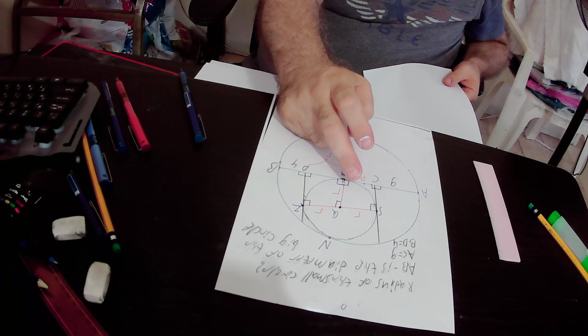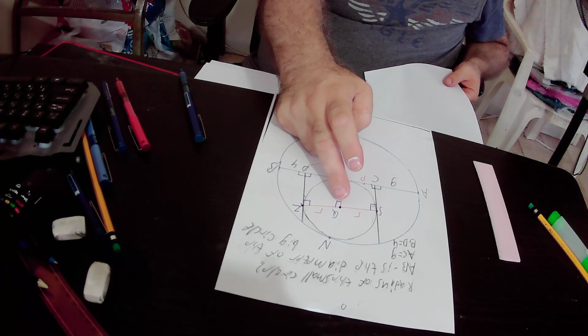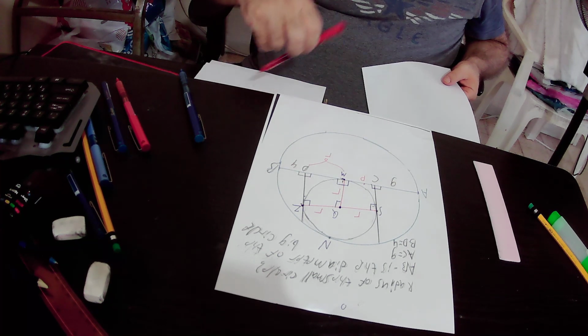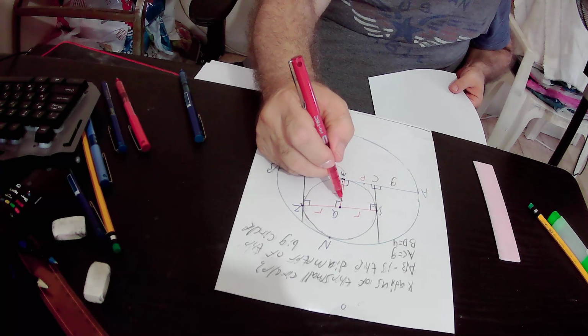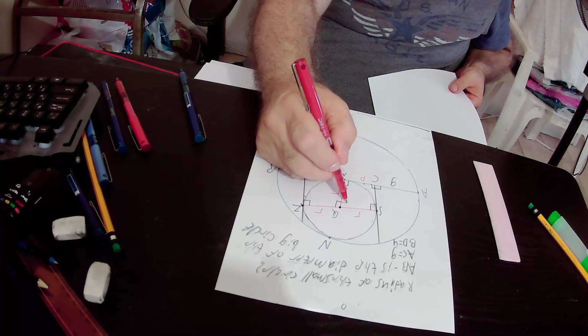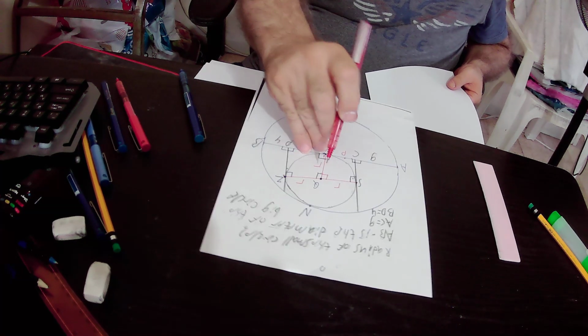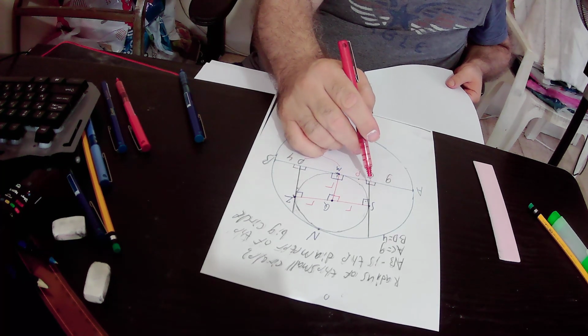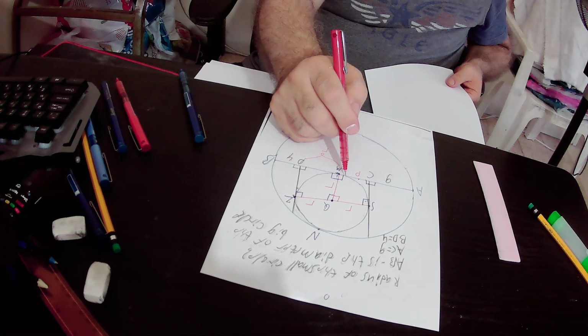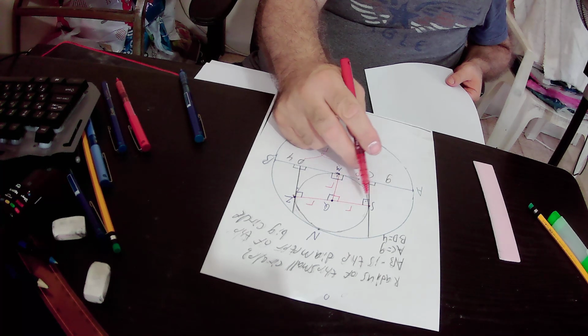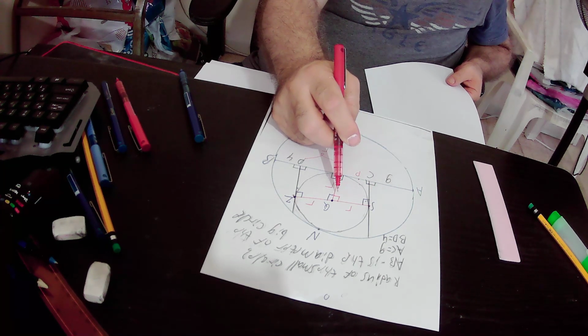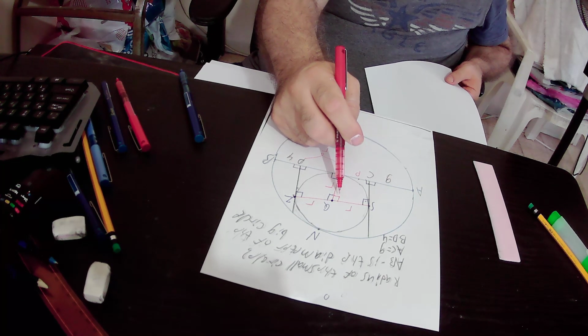Therefore, according to rule number 2, the fourth angle also must be equal to 90 degrees because of the fact that the sum of the angles in a quadrilateral equals 360 degrees. Okay, so if the sum of the other 3 angles is 270 degrees, in order that the sum of the 4 angles will be equal to 360 degrees, the fourth angle also must be equal to 90 degrees.